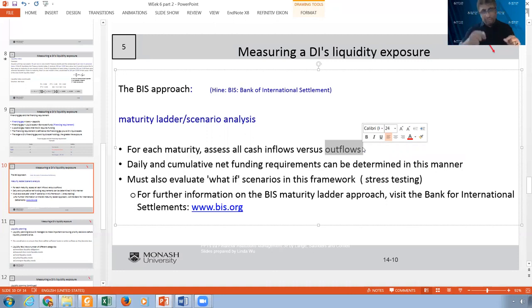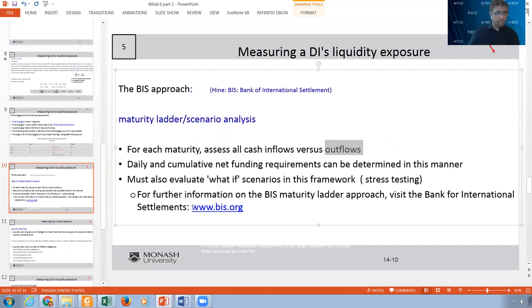If you fail, and this is what central banks are asking from the financial institutions under their jurisdictions, if they fail in addressing that, what we call the scenario, or they call it liquidity stress testing, then there will be some type of shortcomings in the financial institution. So the bank has to show what it is going to do under different scenarios.